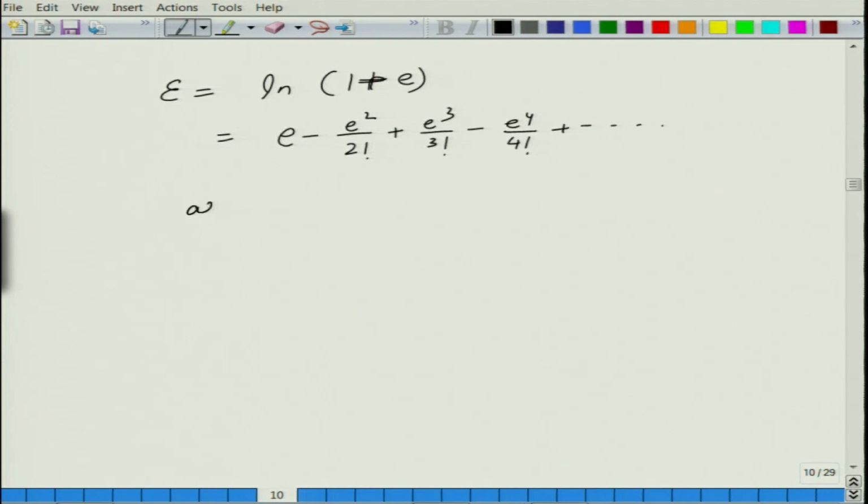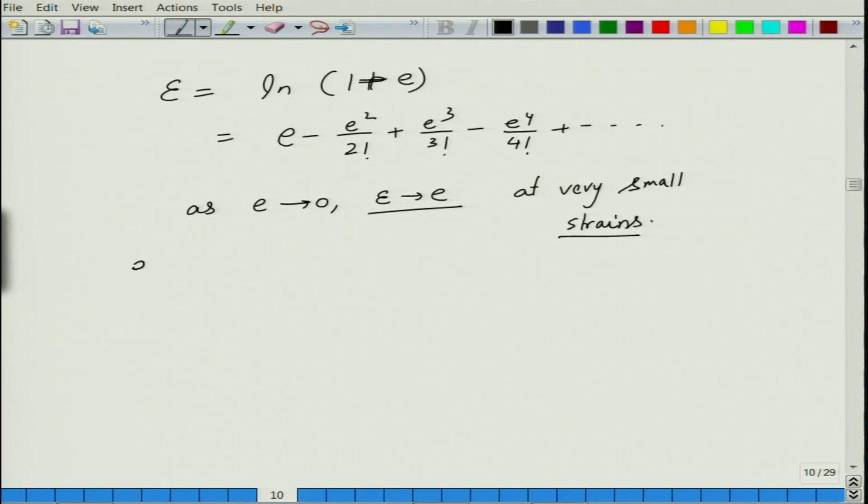So we can see that as E tends to 0, epsilon tends to E, but this happens only at very, very small strains. So let us do a little calculation.